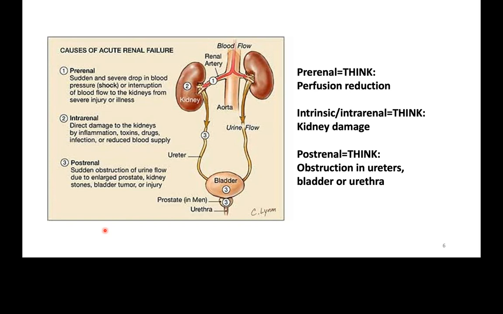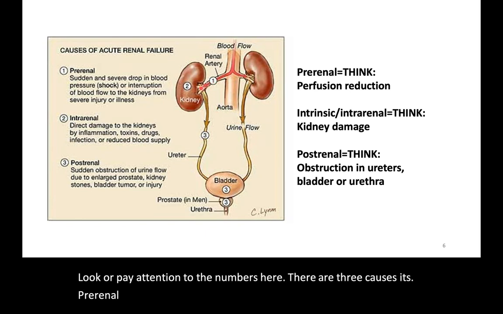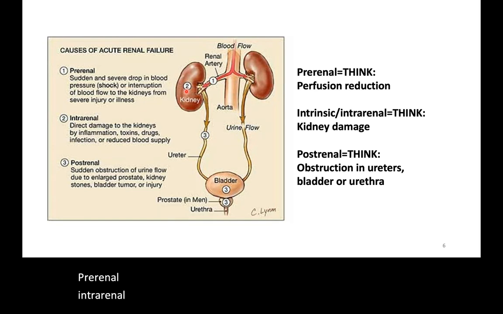What are the three causes of acute renal failure? Please pay attention to the numbers here. There are three causes. It's pre-renal, intrarenal, or post-renal.